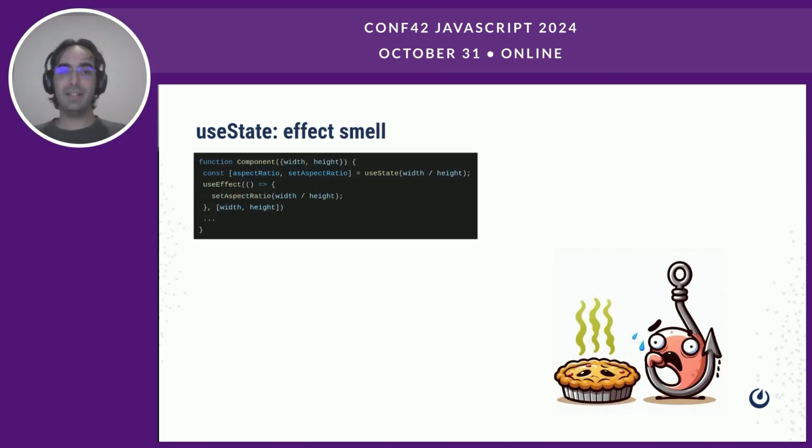Next one, the effect smell. Sometimes I've seen this. Okay, I made the aspect ratio, for example, which is dependent on width and height. So this is the initial aspect ratio, but if width and height change, then we set the new aspect ratio with an effect. So we have a set state in an effect.